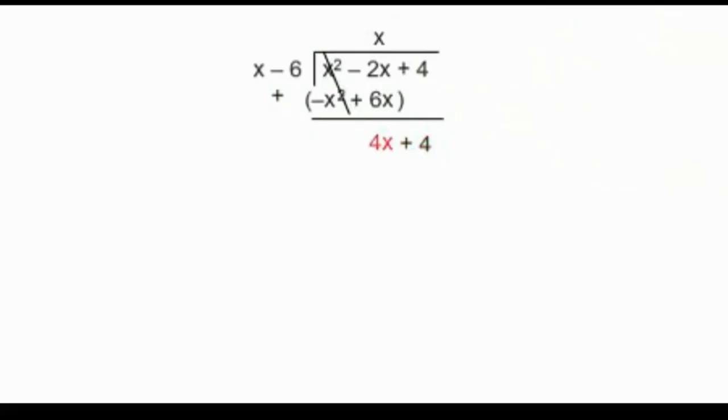Time to divide again. Divide 4x by the first term of the divisor x. Place this above the third term of the dividend. Since 4 is positive, it is added to the first term of the quotient. Multiply 4 by x minus 6.